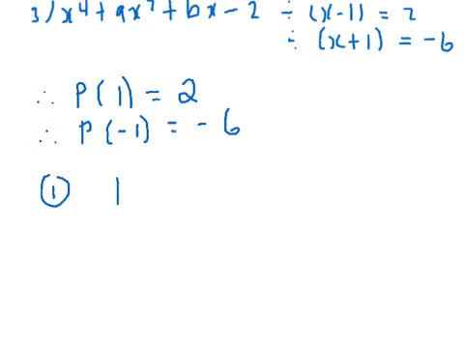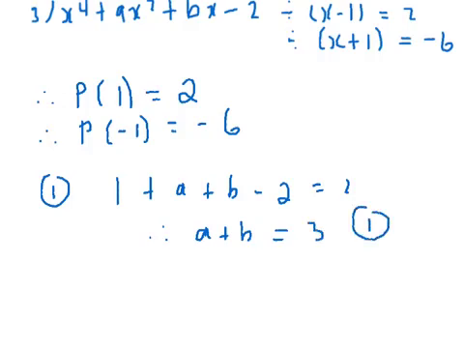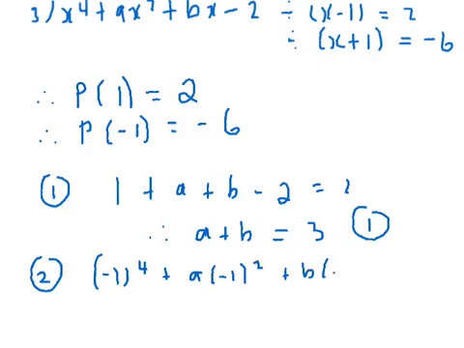If we sub in 1, we get 1 plus a plus b minus 2 equals 2. Rearranging that, we get a plus b equals, if I take that across, 3. So there's equation 1. For the second equation, if I sub in negative 1, I get negative 1 to the power of 4 plus a times negative 1 squared plus b times negative 1 minus 2 equals negative 6.